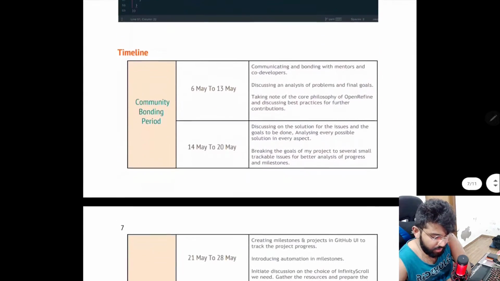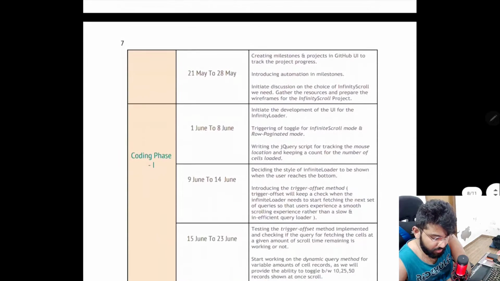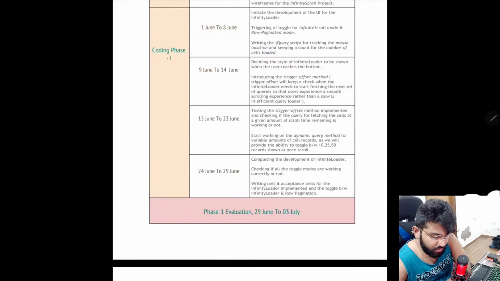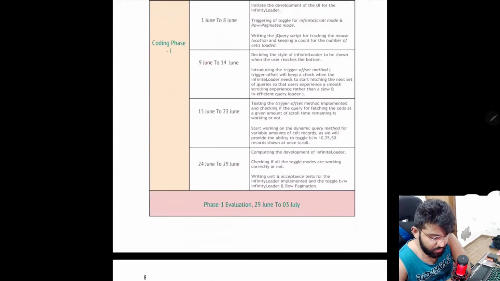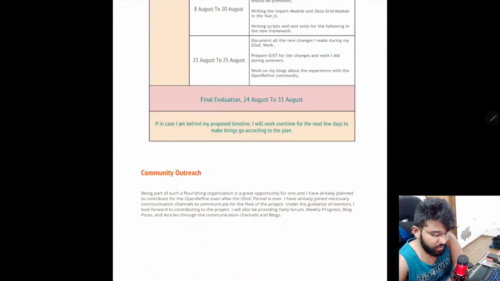Okay, and here's the timeline again. So as you can see, this has been done on a week by week basis, so this is more detailed, and of course this looks good. Here's the thing: the more work you put in making your proposal look good, the higher the chances that your proposal will be seen, right? So keep that in mind.